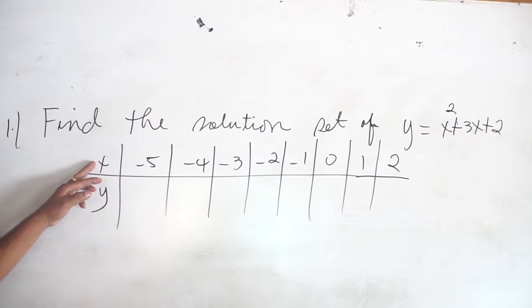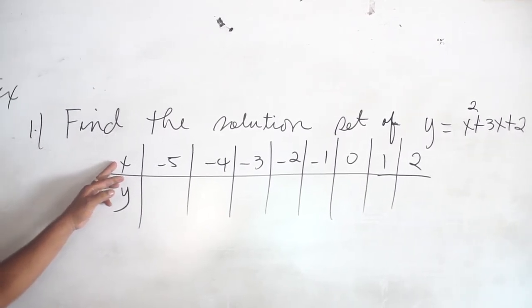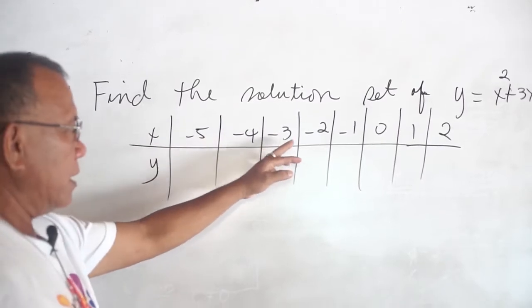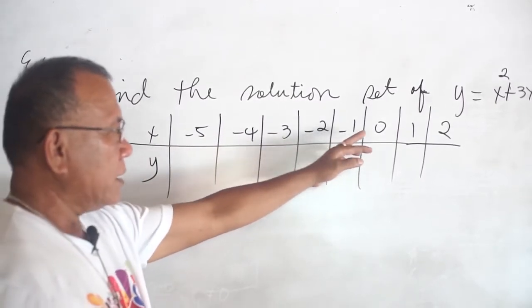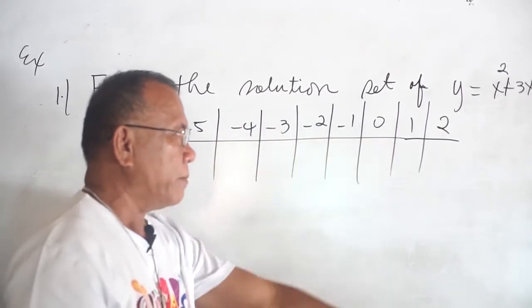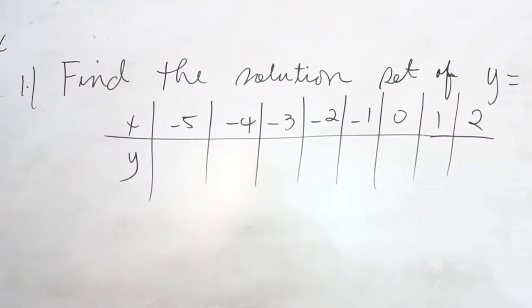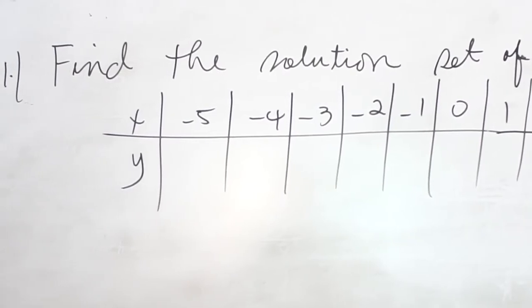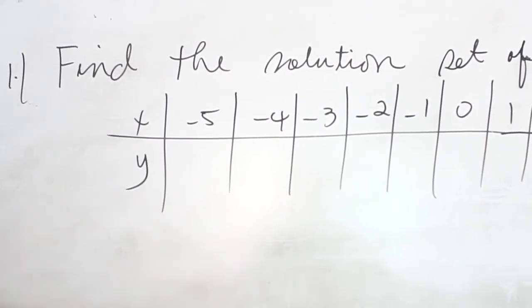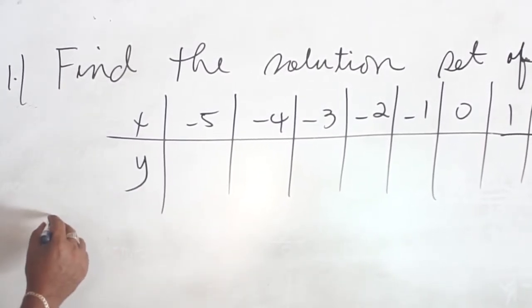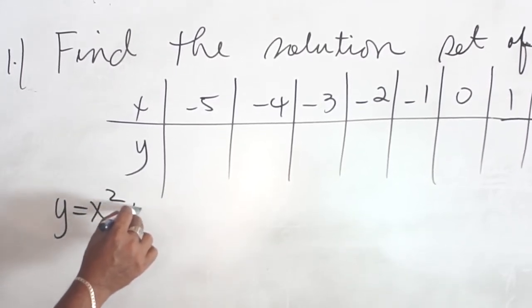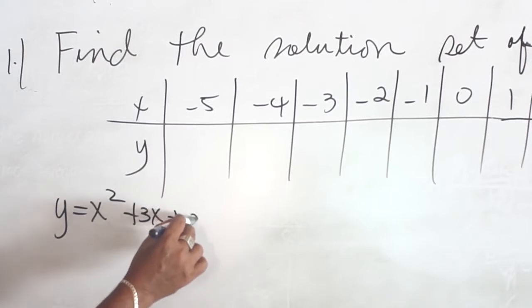So we have the values of x: negative 5, negative 4, negative 3, negative 2, negative 1, 0, positive 1, and positive 2. So this time, you have to complete the table. Then find the value of y. We have y is equal to x squared plus 3x plus 2.